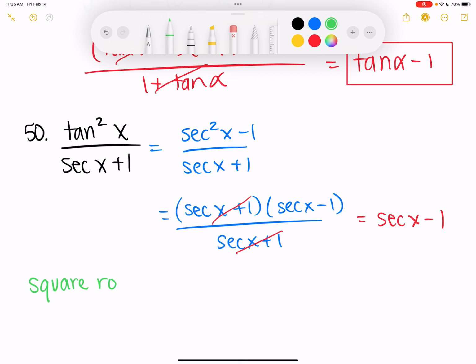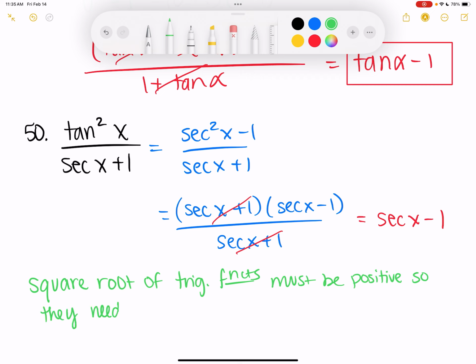The square root of trig functions must be positive, so they need to be written in absolute value bars. This ultimately is one of the easiest things. You just have to remember to put your answer in absolute values.